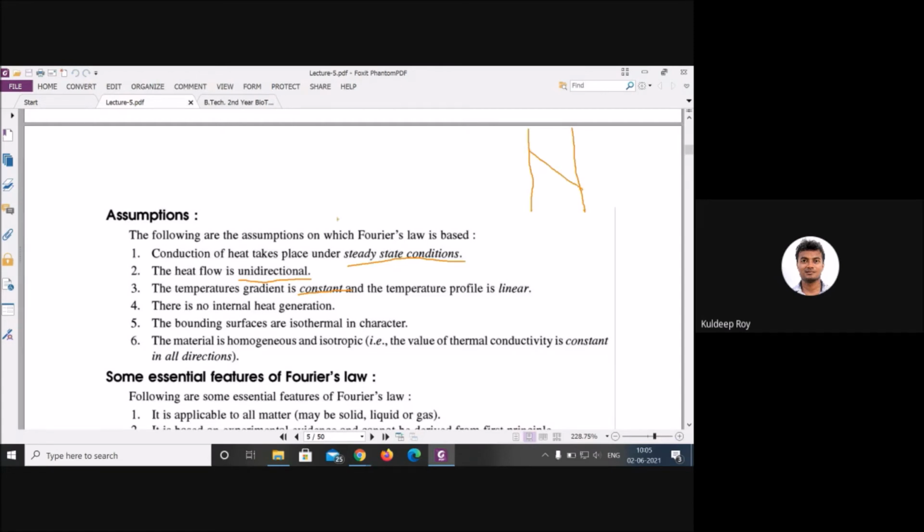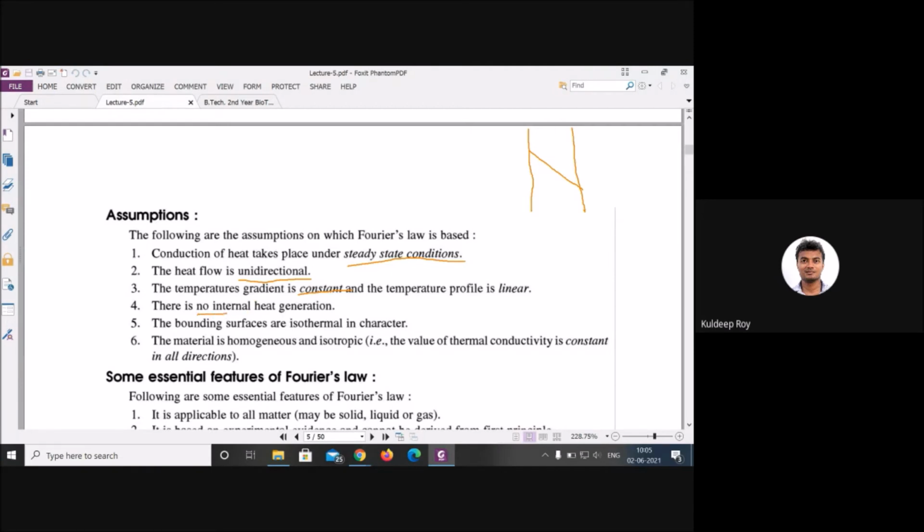Next, there is no internal heat generation. Internal heat generation means there is no chemical reaction inside the plate. If any kind of reaction is happening, internal heat can be generated, or any material which can explode or release energy by absorbing heat, so you cannot apply the law.